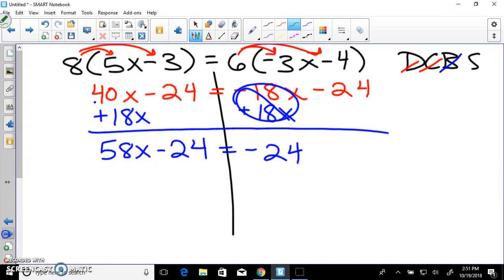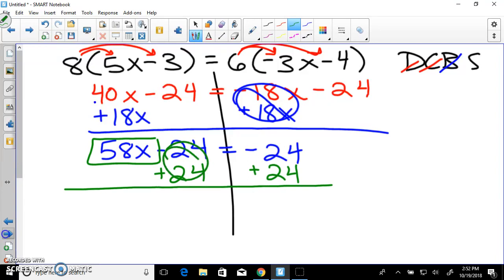Now I'm going to solve using inverse operations. I'm not going to do anything with the 58, but I am going to do the inverse of minus 24, which is add 24. Okay, 0 pair there. 58x equals negative 24 plus 24. That's a 0 pair, so that equals 0.